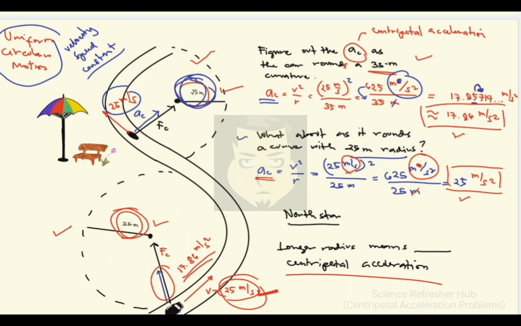It's higher than the previous one. So longer radius means lower centripetal acceleration. Meaning to say, shorter radius equals high AC.